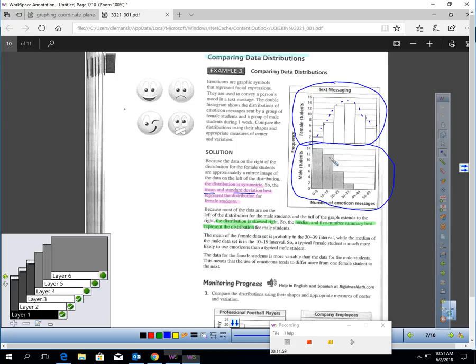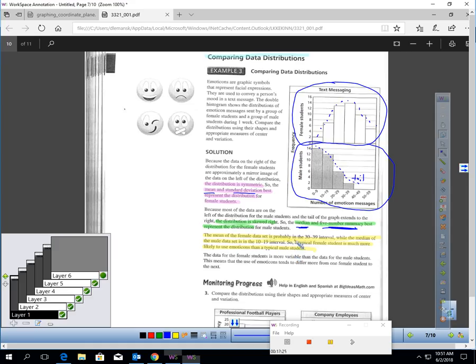However, when you look at the males, it's pretty obvious that this is definitely tail right, so it's skewed to the right. So if it's skewed, the median and the 5-number summary would best represent the male center and distribution of data.